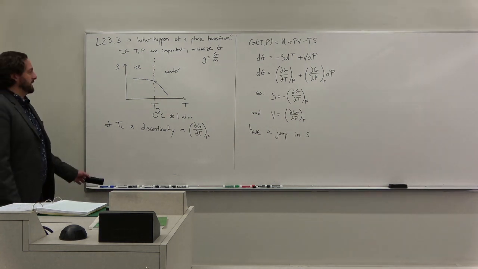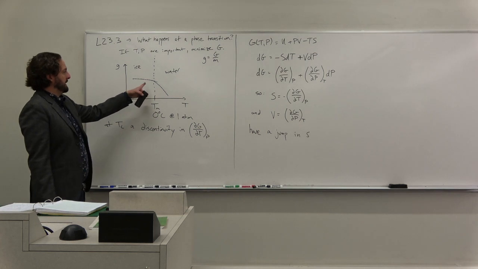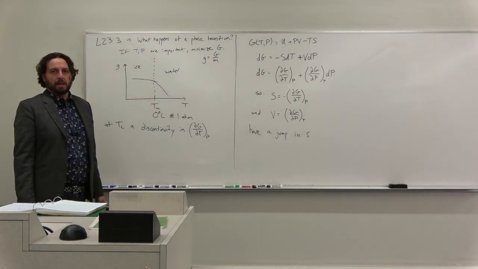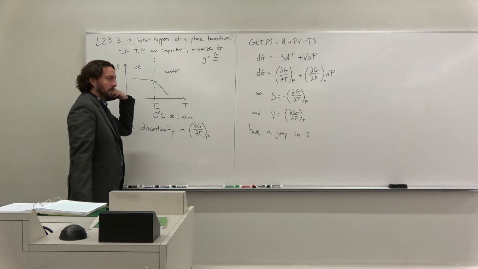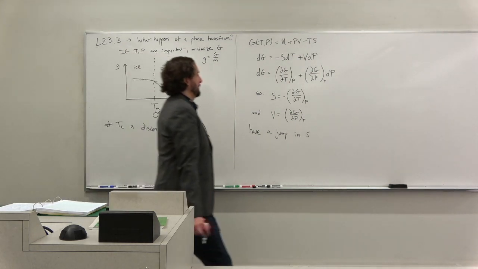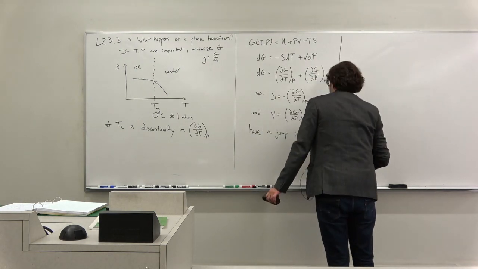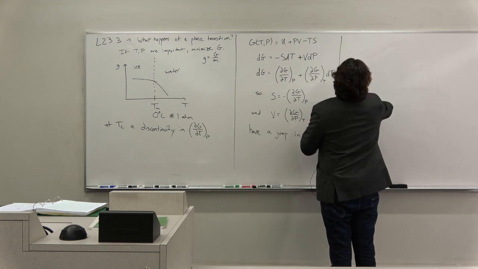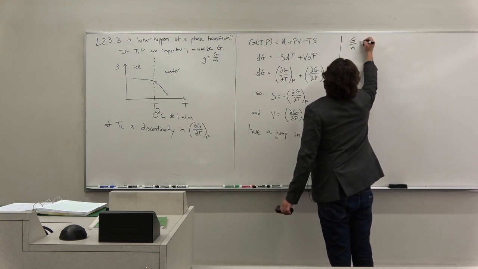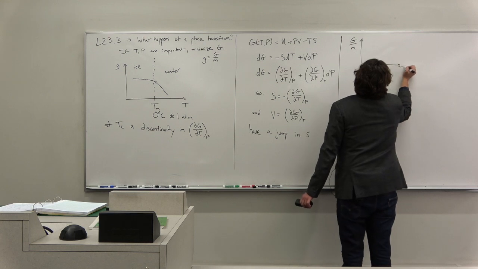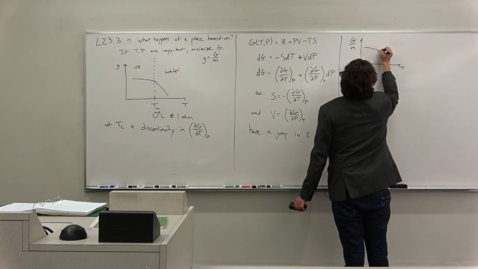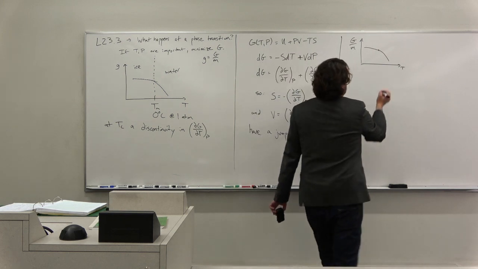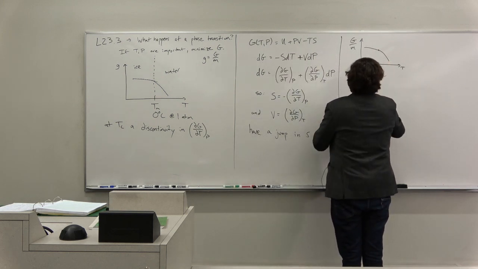All right, so let's look here. You can see my slopes are negative, right? So my entropy is going to jump positive. Okay, so let's plot that. If I have G, let's write it as big G over M for now, as a function of T, with TC as some phase transition.